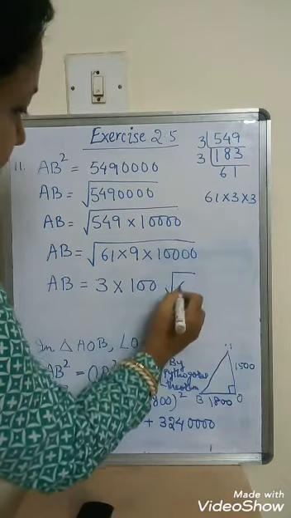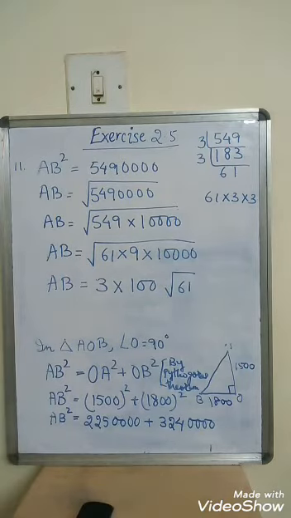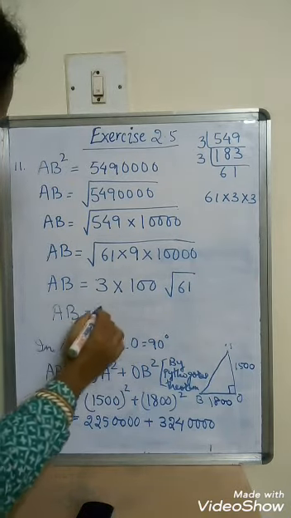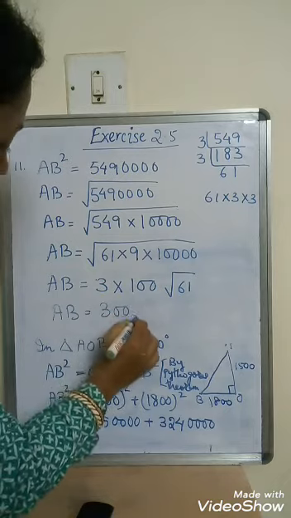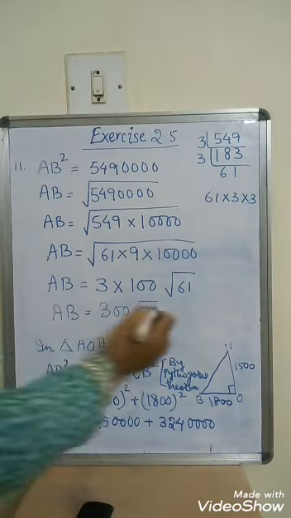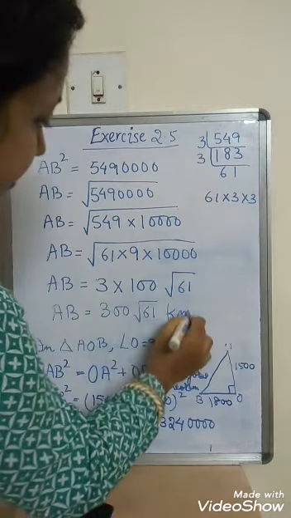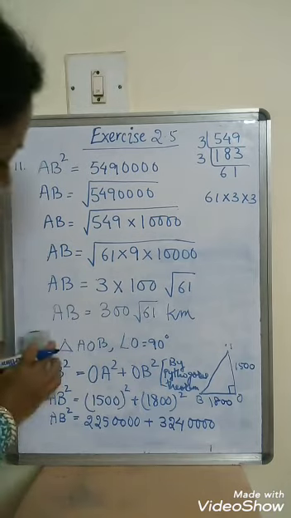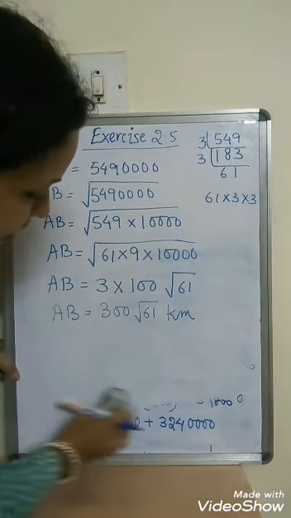And 61 will be inside the square root, right? So your AB will be how much? AB will be 300 square root of 61 kilometer, right? So now what is your answer?